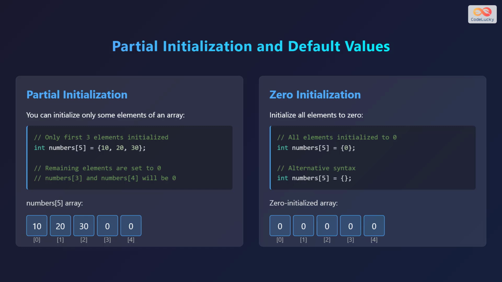You can initialize all elements of an array to 0 by providing 0 as the initial value during declaration. For example, int numbers of size 5 equals 0 enclosed in curly braces will initialize all 5 elements to 0. Another way to initialize all the elements with 0 is by just using empty curly braces.